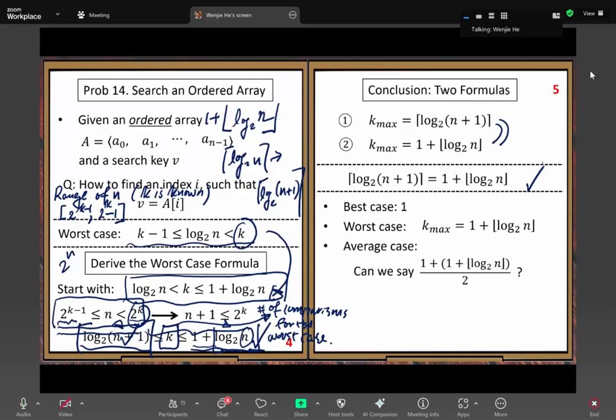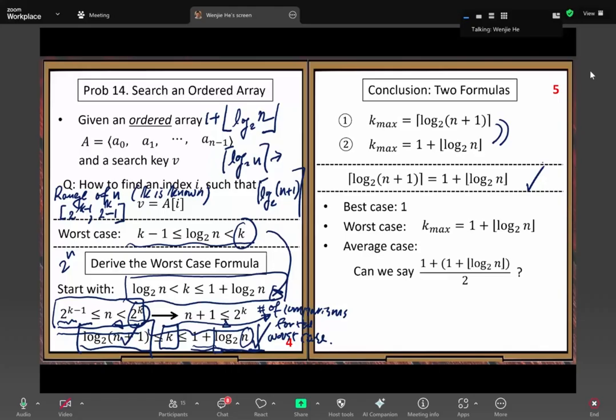Do you think we can use this way to calculate the average case? Here the answer is no, you cannot do it this way. It is incorrect.